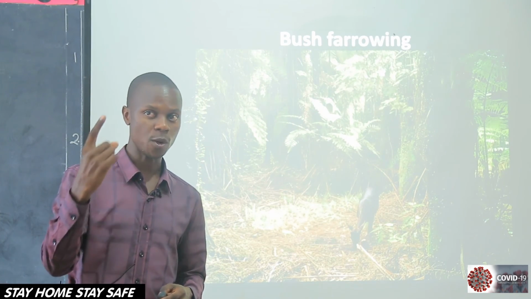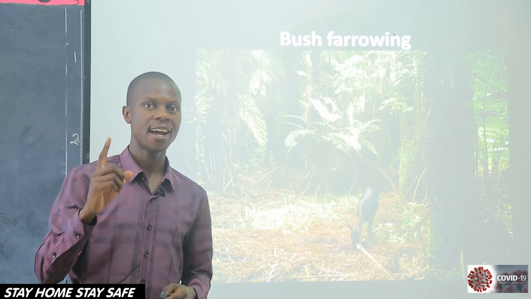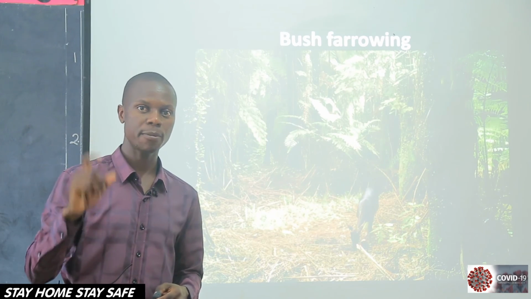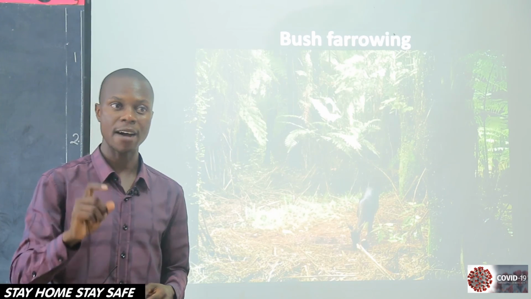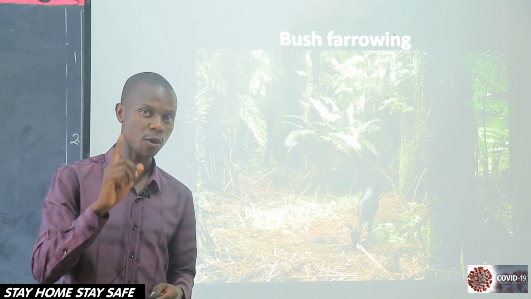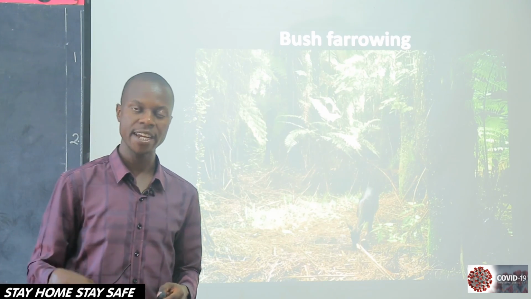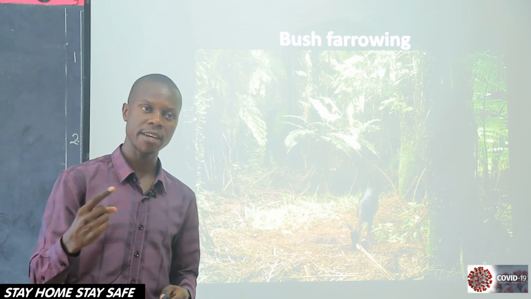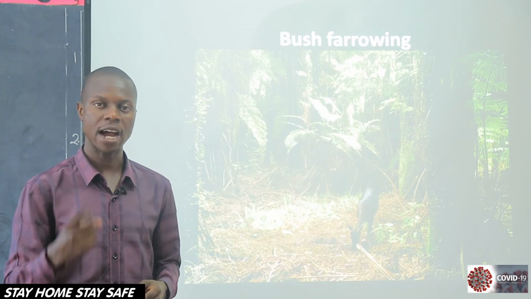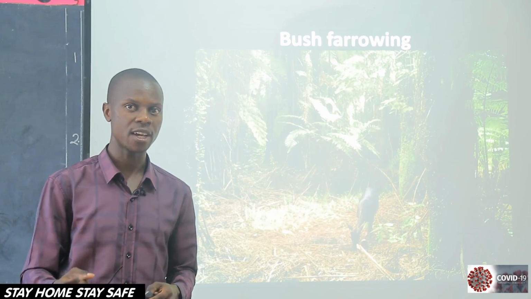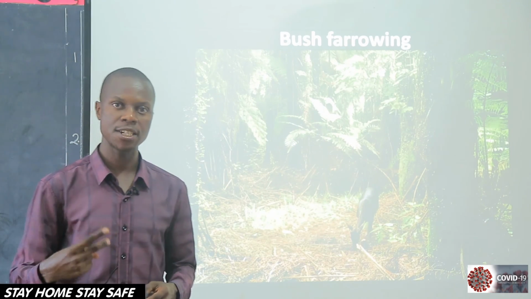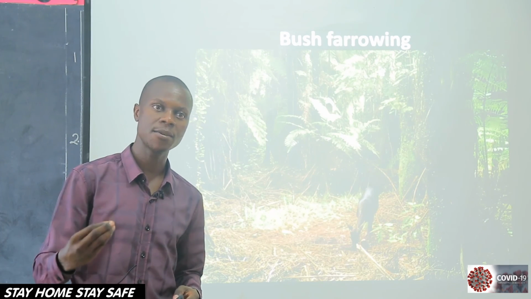So you have one alternative. You can either say places that receive plenty of rainfall have thick vegetation. That's one alternative. Or you can bring it the other way around by saying places that receive little or no rainfall have scattered vegetation.